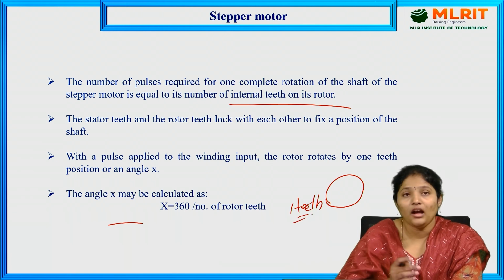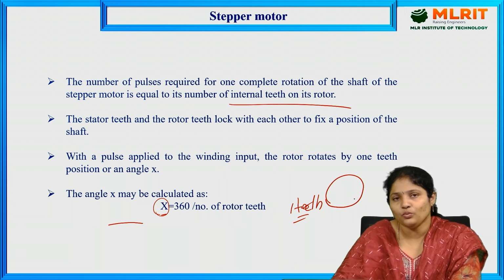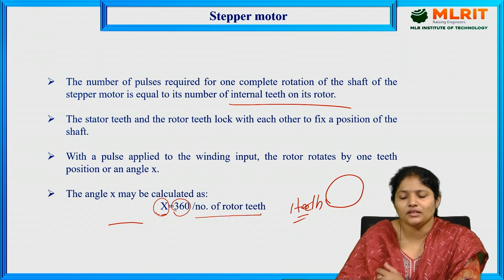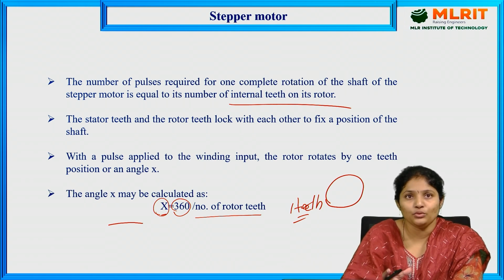So what is the teeth angle of that position? If we consider x as the angle, then how much angle the stepper motor will rotate per step is 360 degrees divided by the number of rotor teeth. Suppose the considered stepper motor has 200 teeth.